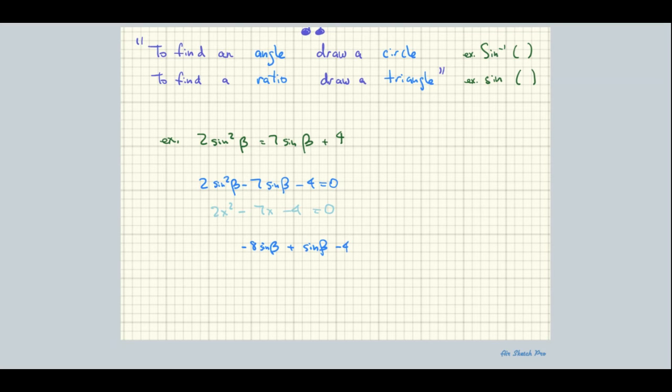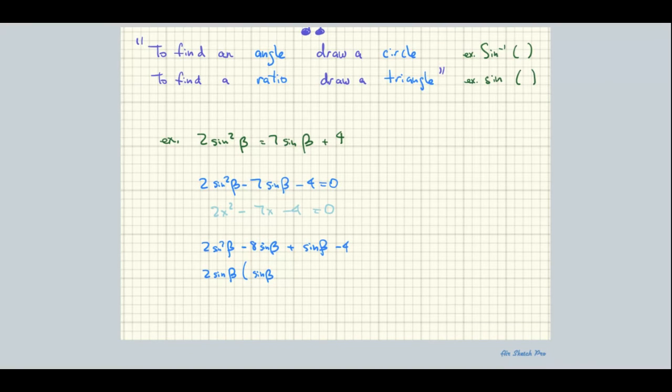-4, 2 sine squared. This is the way students usually like to solve this when it's factoring. I have my method that I like better, but this is the one that students seem to like best. And from here it's just grouping. Pull out 2 sine beta, and I get in here what? Sine beta, that's the greatest common factor of the first two.